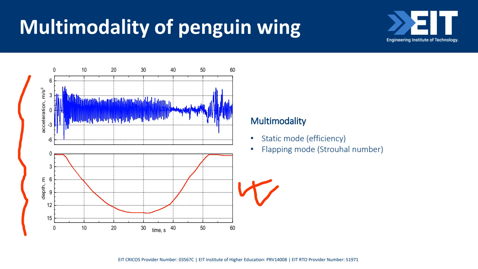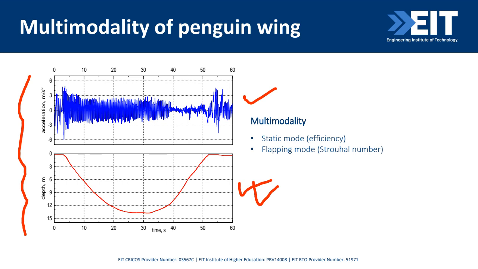Normally the maximum dive that I found for the little penguin was around 41 meters, but the mean value of dive was around 13 meters. So I took a dive that demonstrates the mean value.